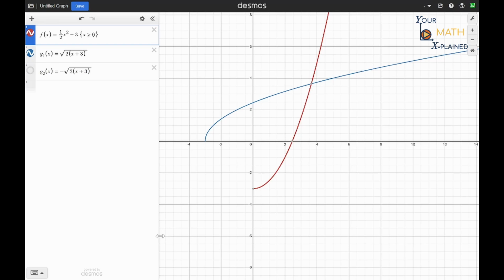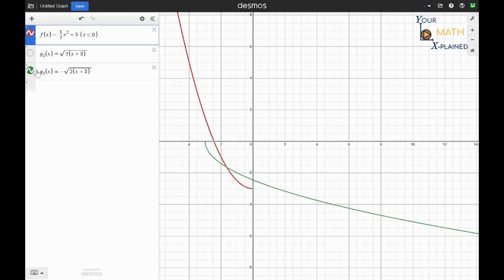Notice how they are now mirror images of each other across the line y is equal to x. And similarly, if we restrict the domain to x is less than or equal to 0, then the inverse of that is going to be the green graph, which is the negative square root part.